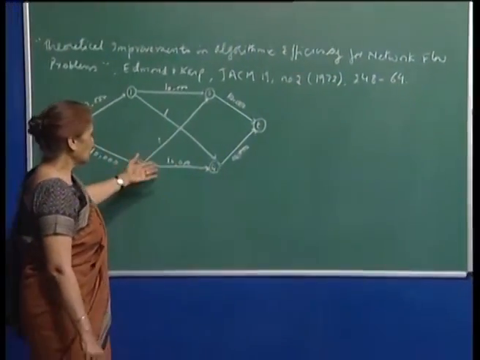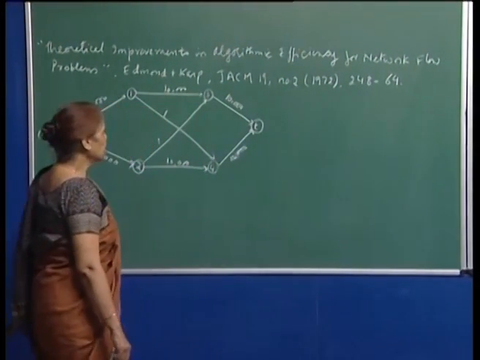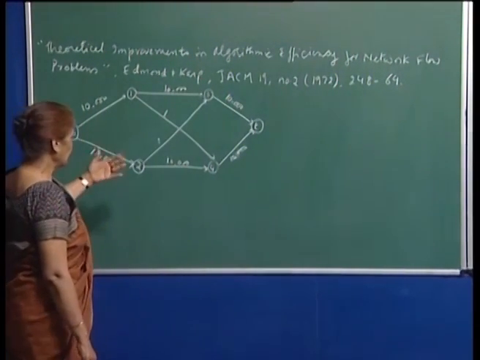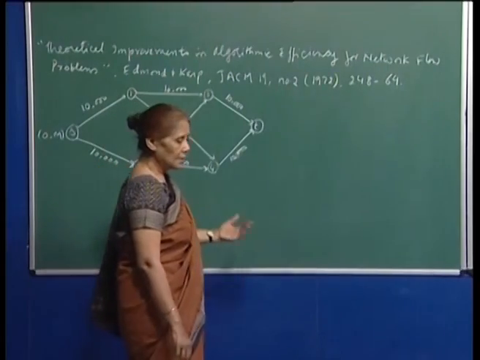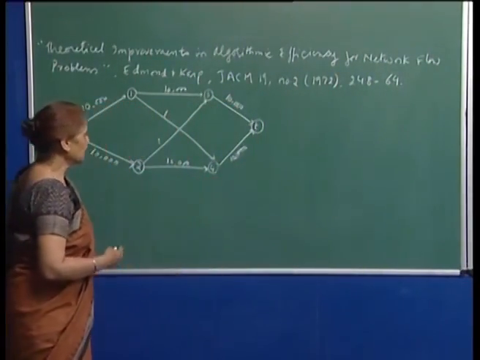So, I will come back to the same problem that I discussed with you last time. And so, the idea here is, Ford and Fulkerson's algorithm does not say anything about how you operate that list of nodes that you scan.